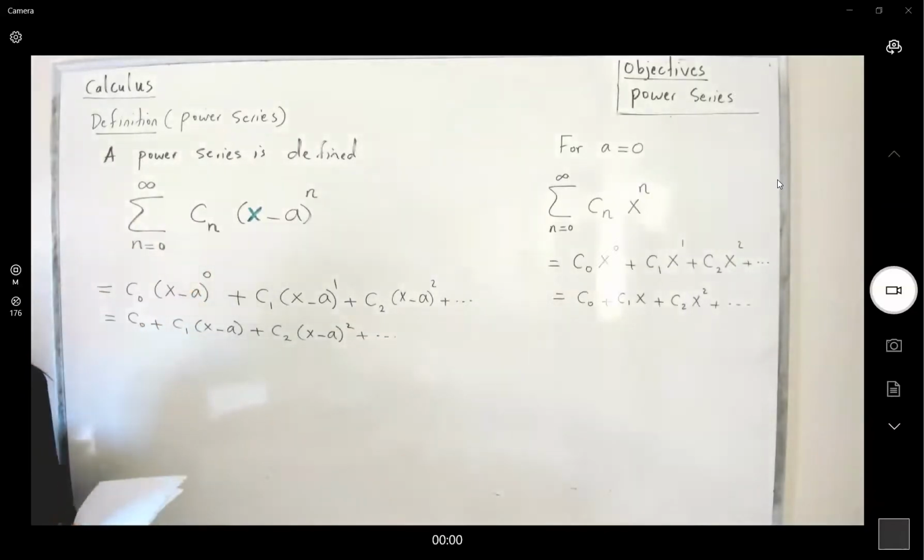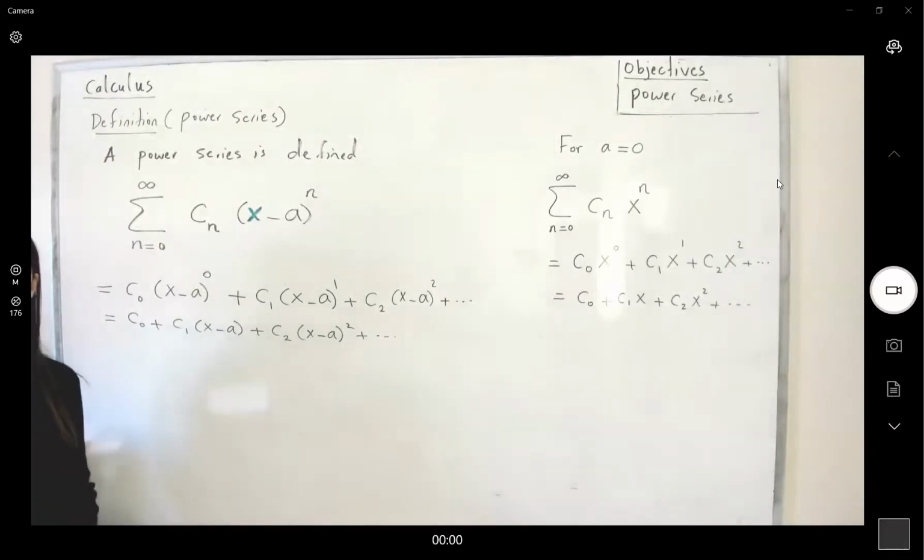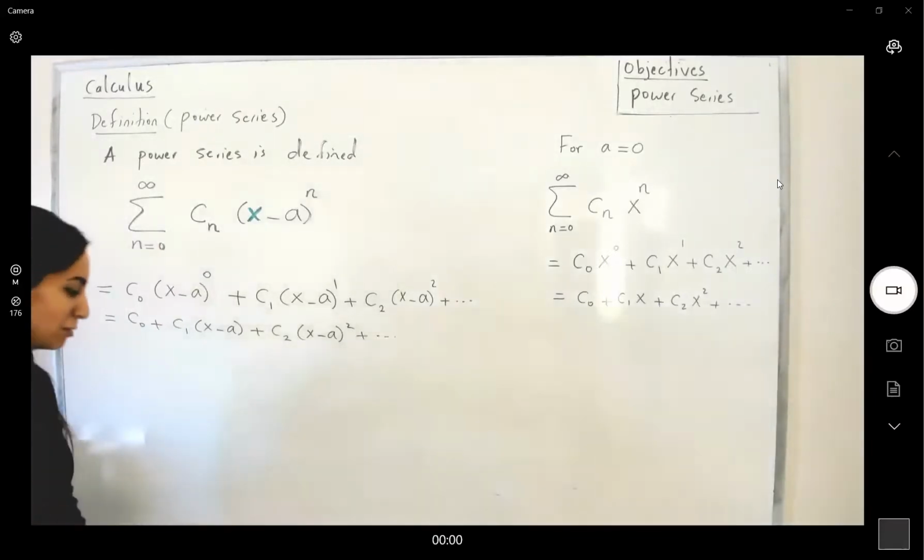As you can see, these are very similar to polynomials that you learned in intermediate algebra.